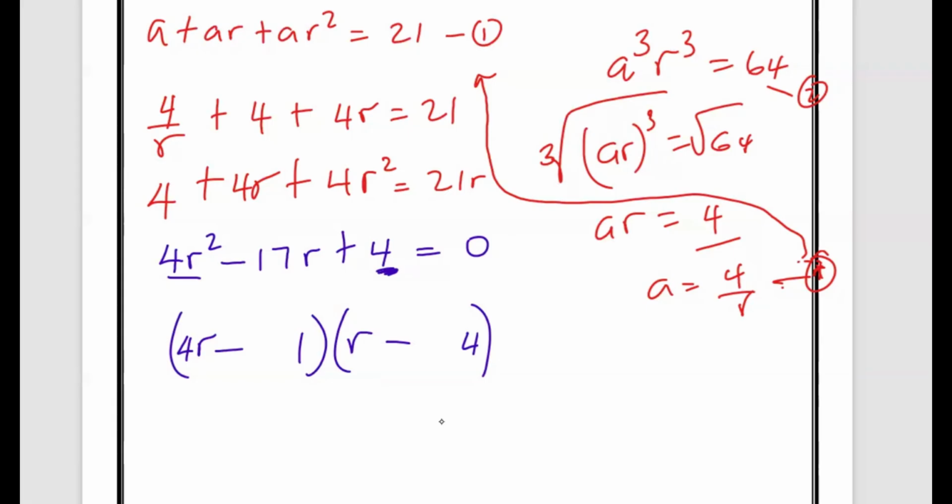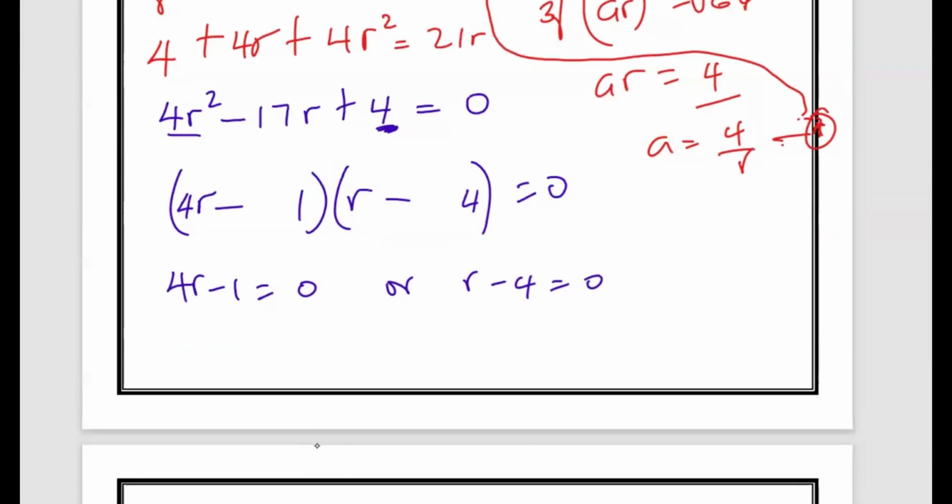Because 4R and R gives 4R squared. This and that is negative 16 minus 1, that's negative 17. Okay, I think that's perfect. Then equate that to 0 and solve. The first bracket shall have 4R minus 1 is equal to 0, or R minus 4 is 0.